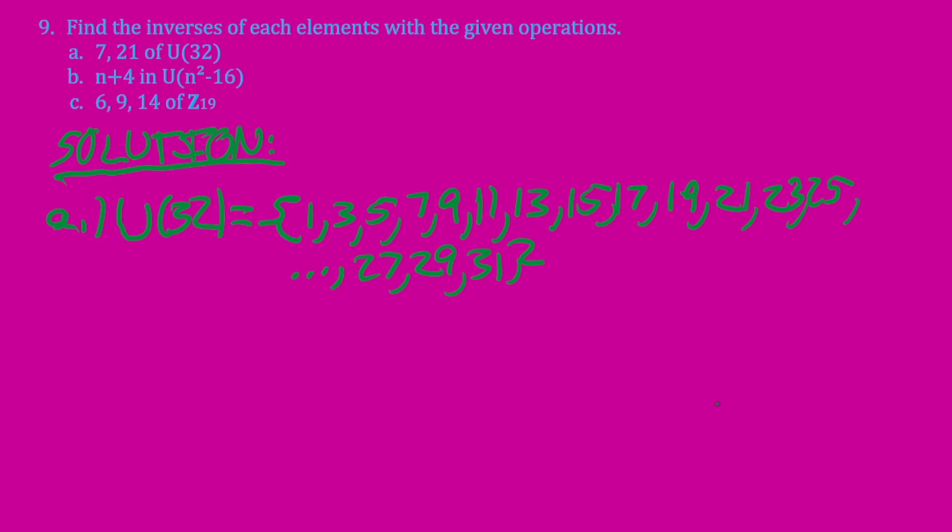So the inverse of 7 is going to be where 7x is congruent to 1 mod 32, and x has to be an element of U32. So this is basically trial and error. You just have to try the values of U32 to find the inverse.